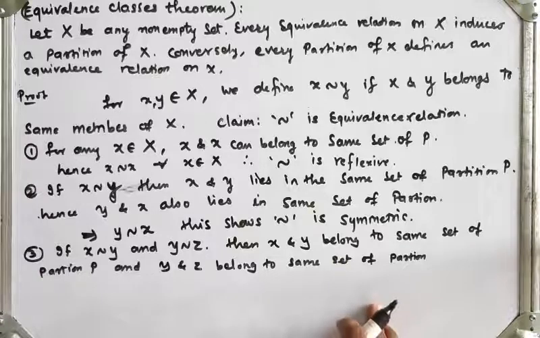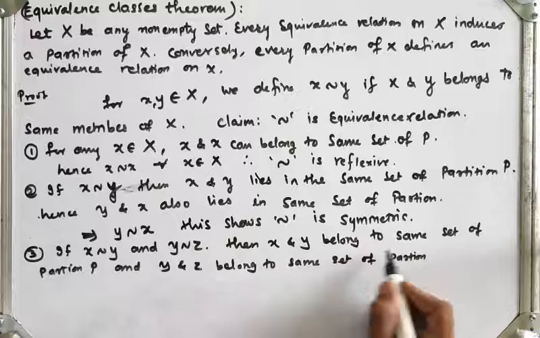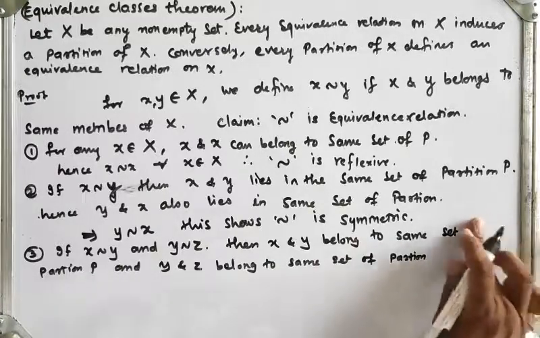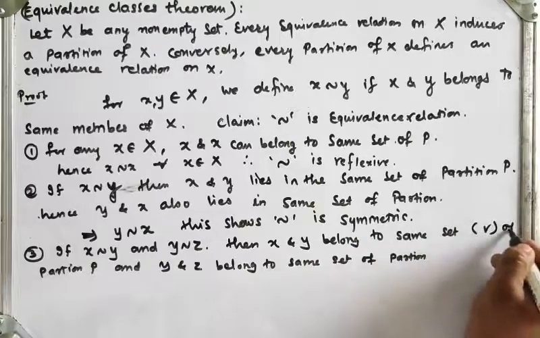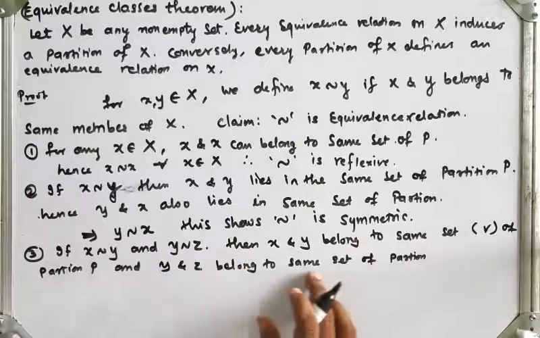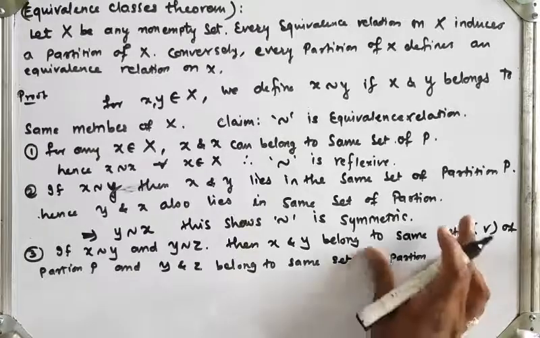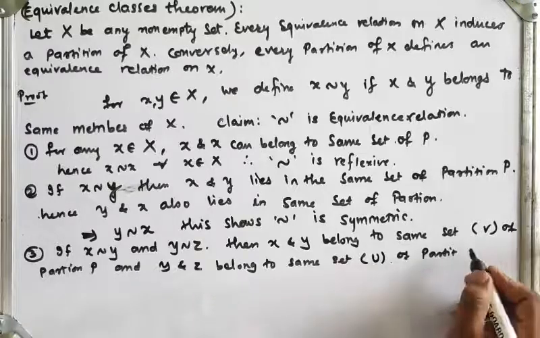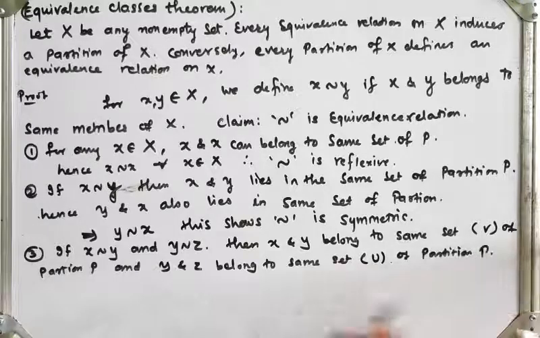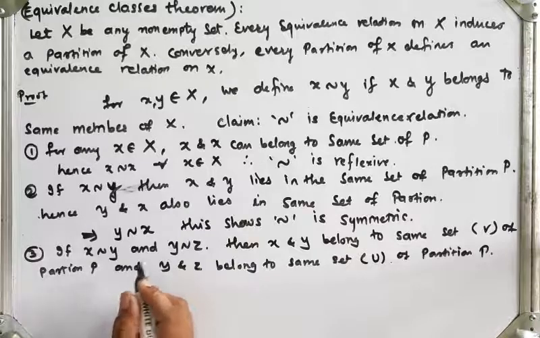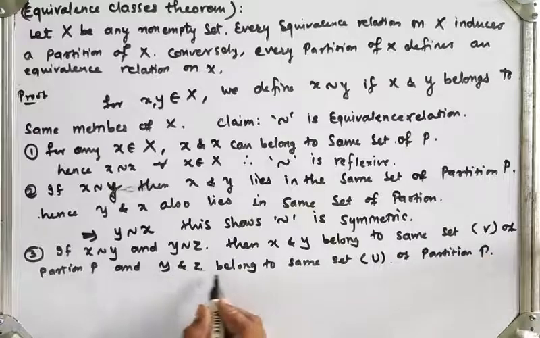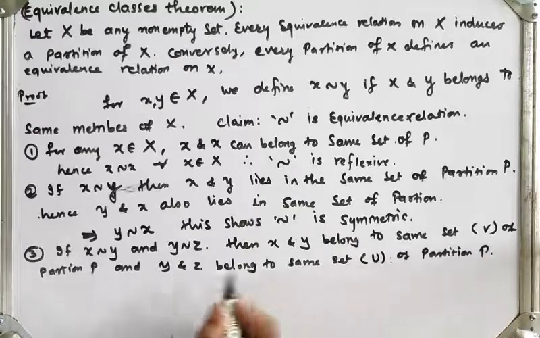So I say x and y belong to some set V of partition P, and y and z belong to some set U of partition P.